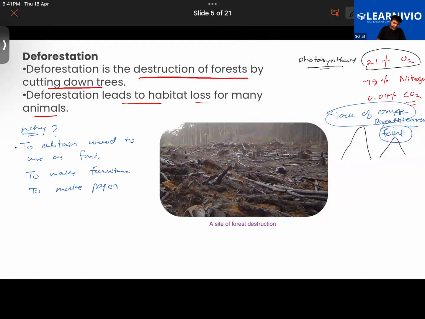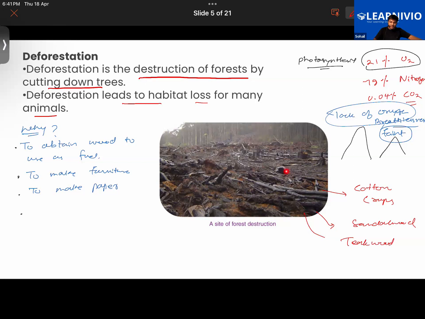Also, if you have to do some cultivation, like if someone wants to grow a particular kind of crop. In a forest you find that different species of trees and different kinds of plants are found. But let's say that you want to grow cotton crops only here, or you want to grow sandalwood, or you want to grow teak wood, for example.